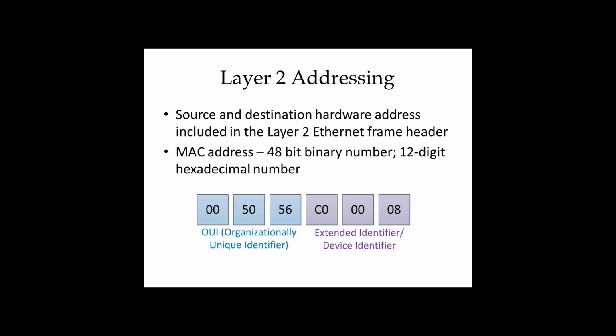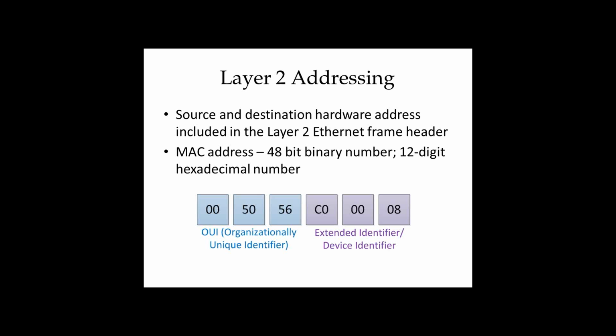Last week we talked about the layer 2 Ethernet frame header, and in that header of that frame we find the source and the destination MAC address. A frame gets sent out with the MAC address of the machine I'm trying to reach, and also the source MAC address of my machine.